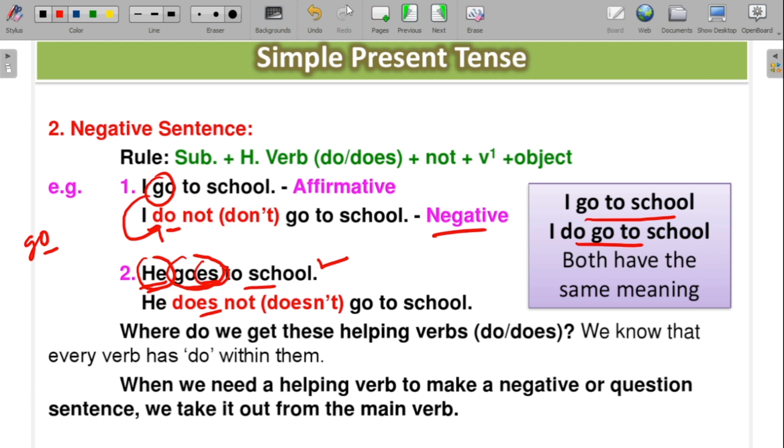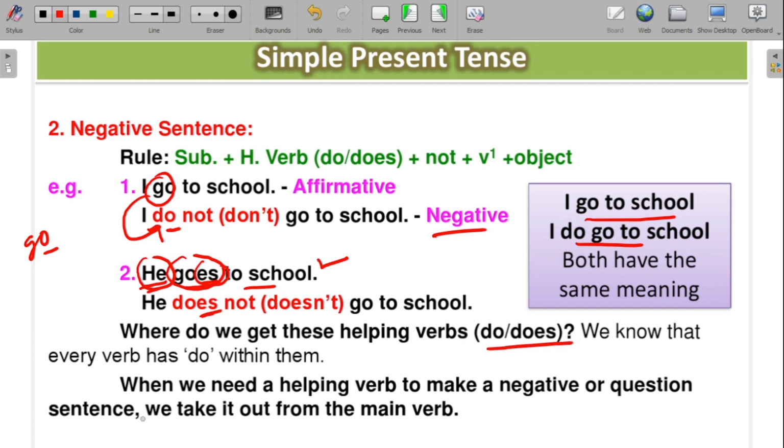A, E, I, O, U. That means the rule is, if a word ends with a vowel or a vowel sound, then we add ES to that verb. If it is a consonant, we add S. Now, I hope you have understood this one.